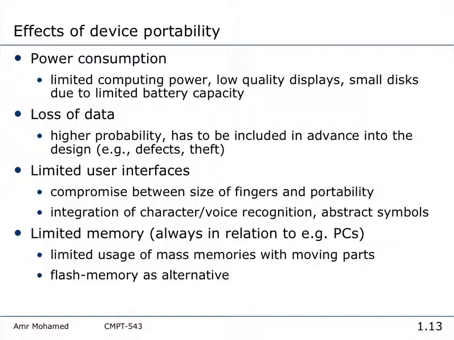So limited memory, at least in relation to big computers, it limits the usage of massive memories with moving parts. And we have now flash memories which are in the size of like 1 terabyte. But the problem is that every time we have new technologies, the applications themselves evolve, so that these technologies become limiting.